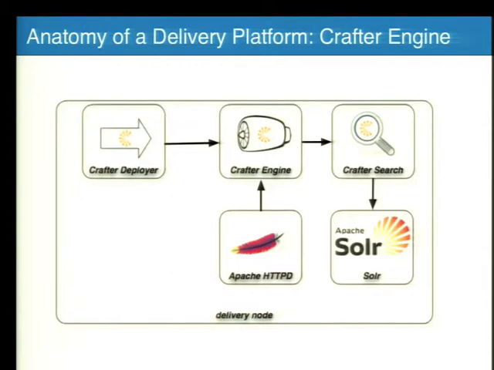Another thing that we do is build our delivery tier out of a few different WAR files. There's a couple things going on here. This diagram's not 100% clear, but we have a Crafter Engine WAR file and a Crafter Search WAR file, and then ultimately a search WAR file. That search just gives us a join point if we want to plug in other search and query capabilities.